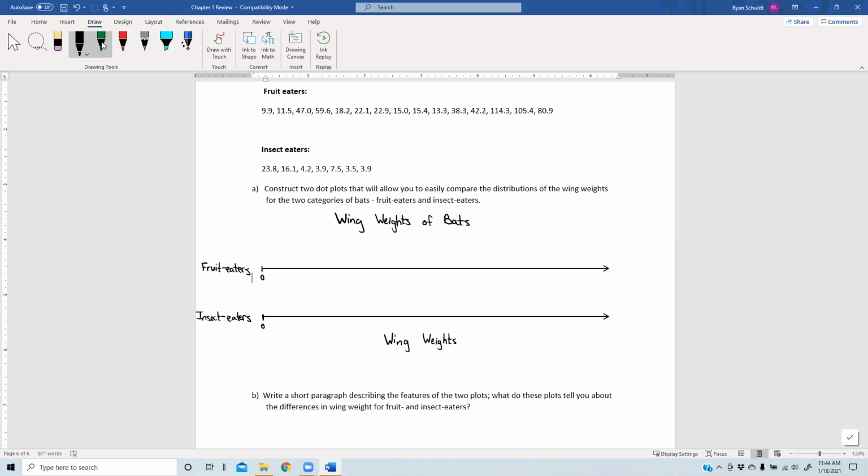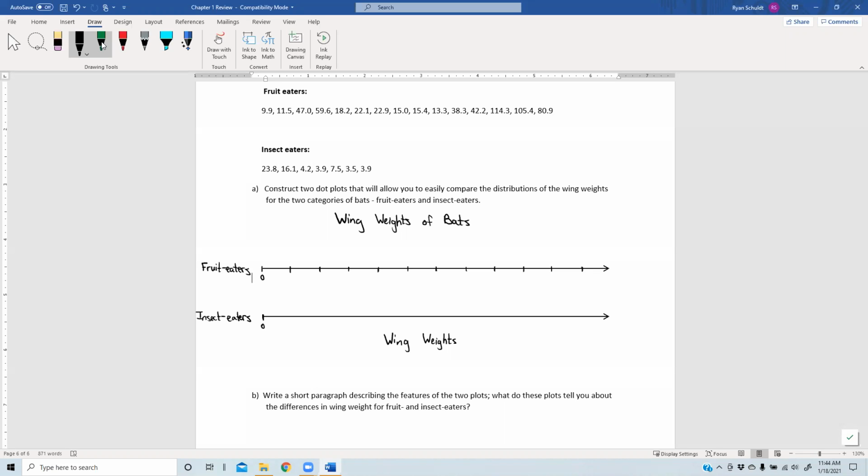Okay, so here it's going to be 10, 20, 30, 40, 50, 60, 70, 80, 90, 100, 110. 115 is going to be about right there.